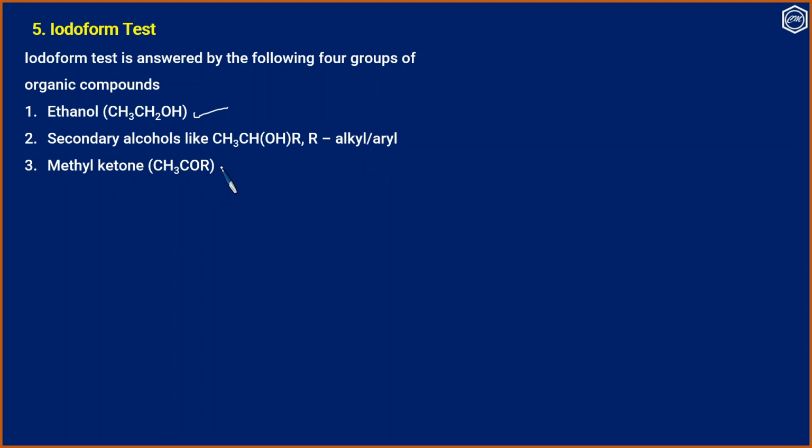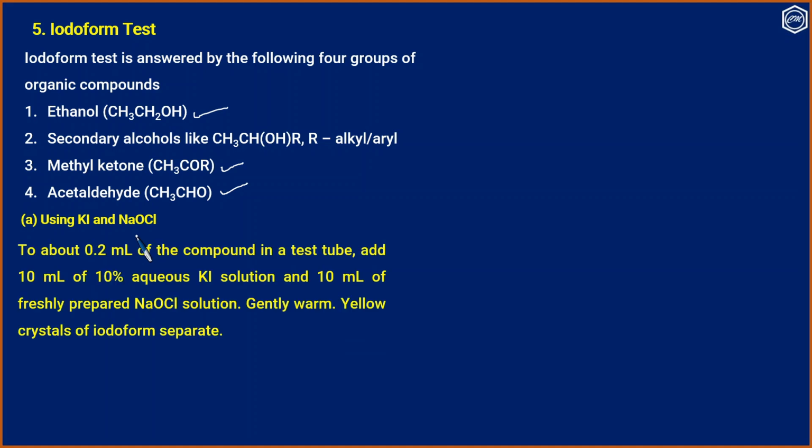Then methyl ketones answer the iodoform test. Acetaldehyde also answers the iodoform test. To carry out the reaction, potassium iodide and a sodium hypochlorite solution are added to the compound in the presence of sodium hydroxide solution.